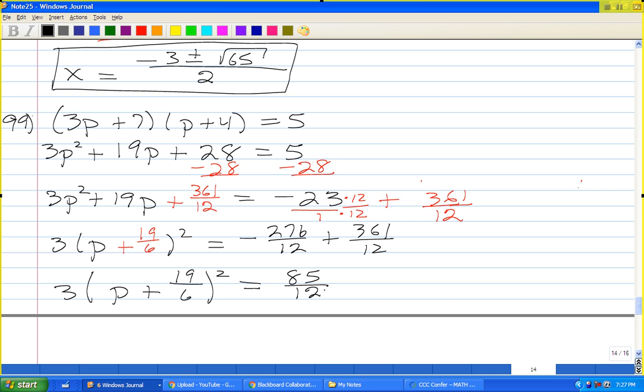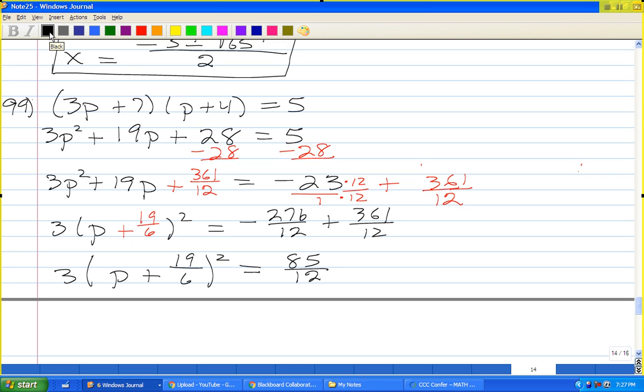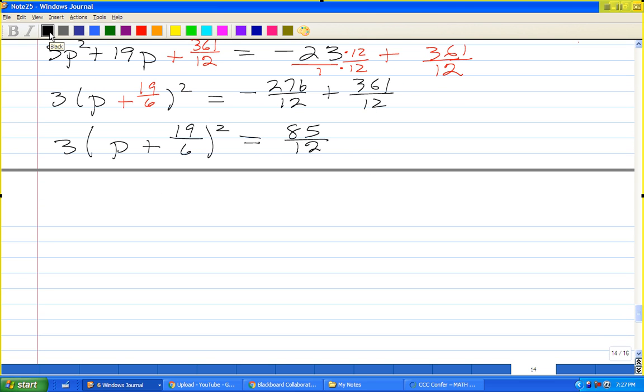Divide both sides of your equation by 3. So you get that P plus 19 over 6 squared is equal to 85 over 36.